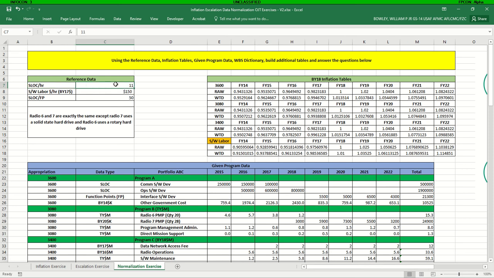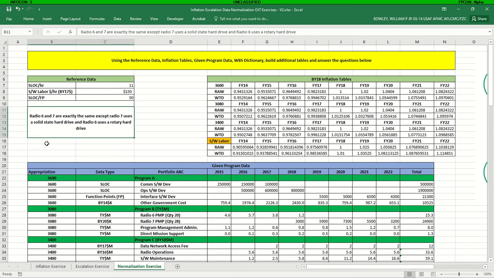So we've got a productivity rate here of 11 lines of code per hour. We've got a labor rate for software given in base year $17 of $150 per hour. And then we've got a ratio of software lines of code per function points. So if we need to do conversions here for software lines of code based on inputs we receive by function point.